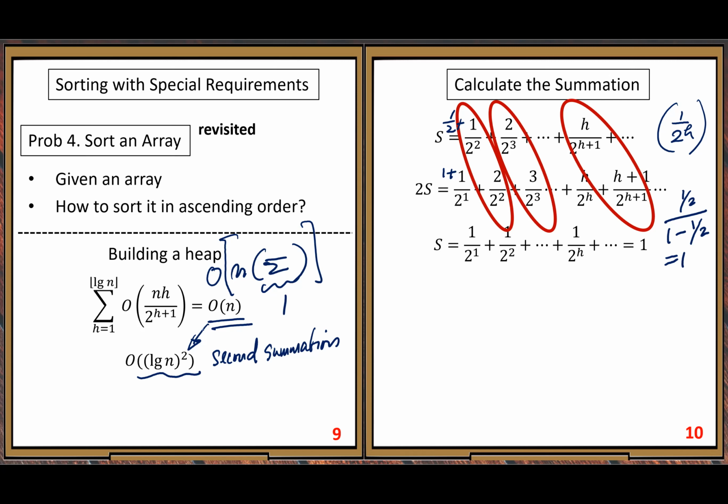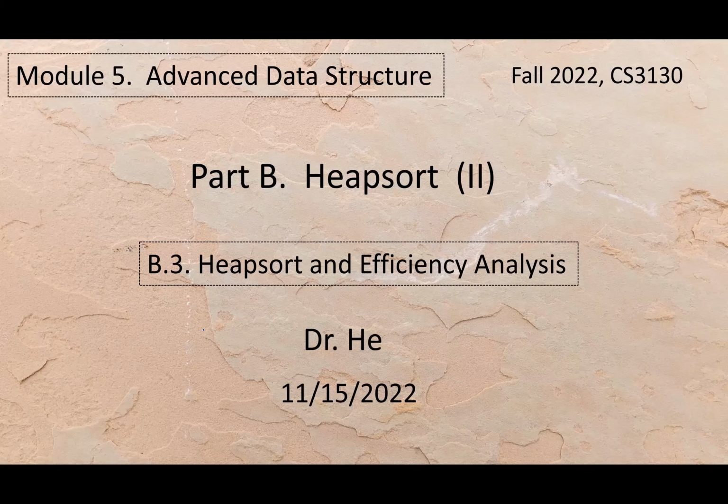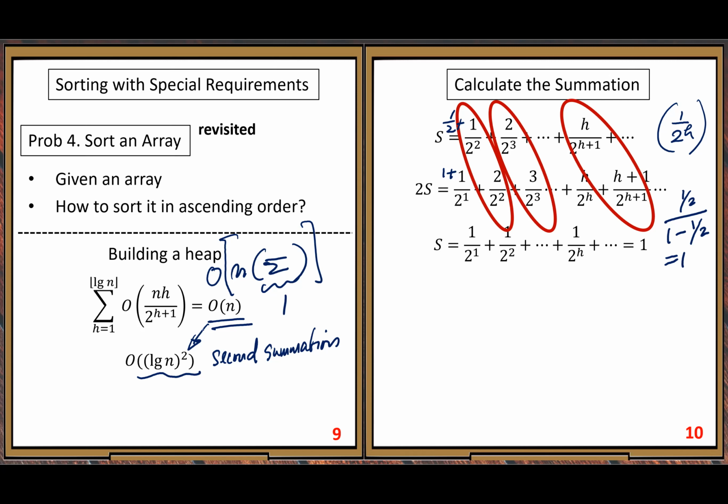Compared with the first summation, it's too little, so we can ignore it. Now the final conclusion: the total building cost is big O of n. So we complete this part.